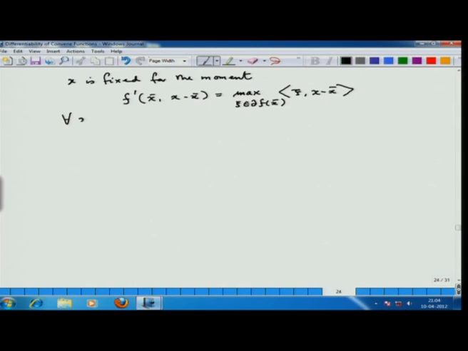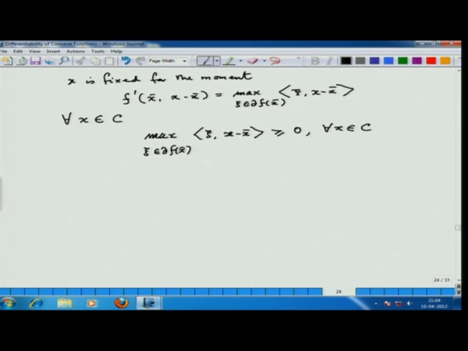So, for all x I will have the max of these, so this is my optimality condition.